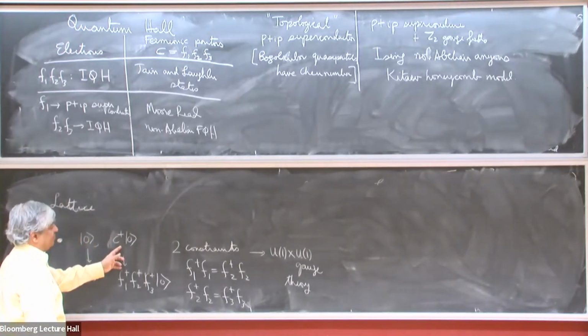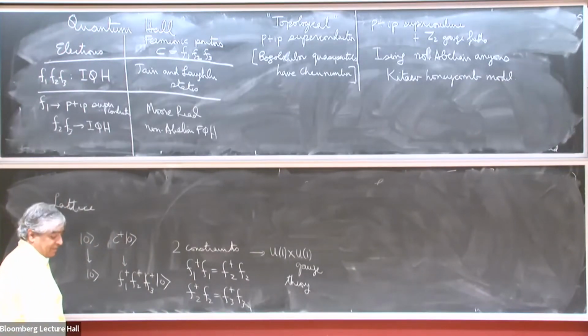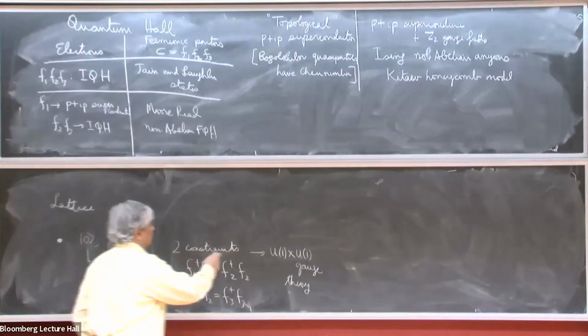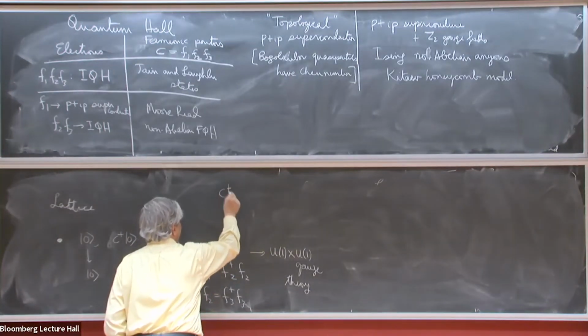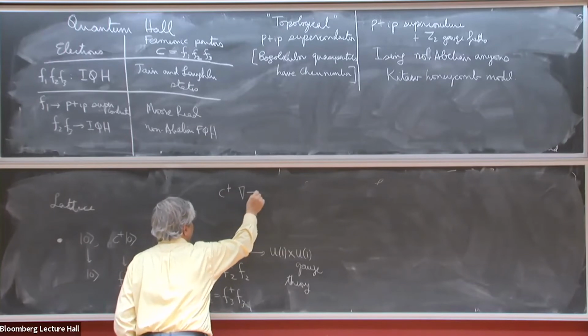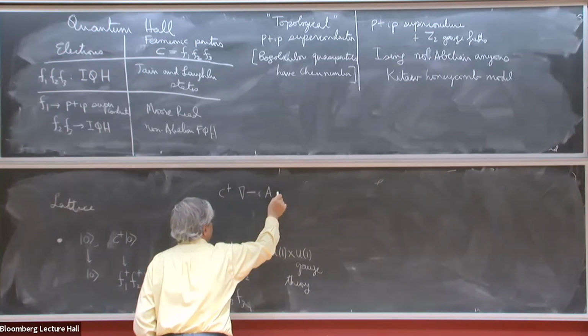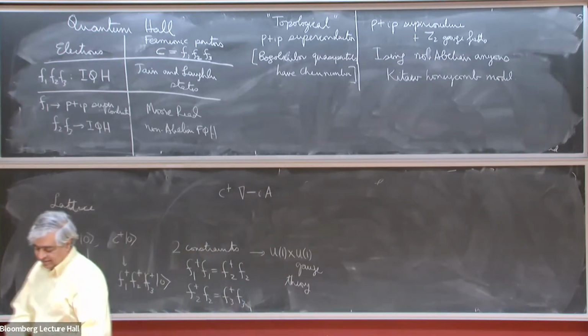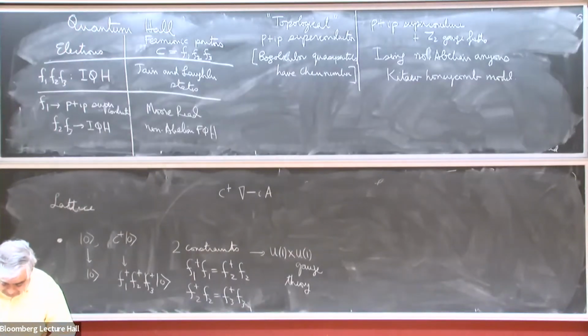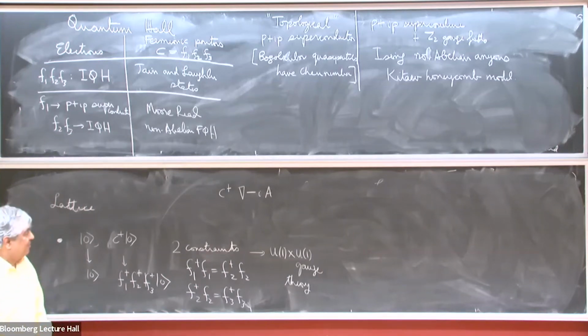So the electrons, to begin with, are in some magnetic field B. So I have some action for the electrons. The electrons experience some grad minus i A. All right.